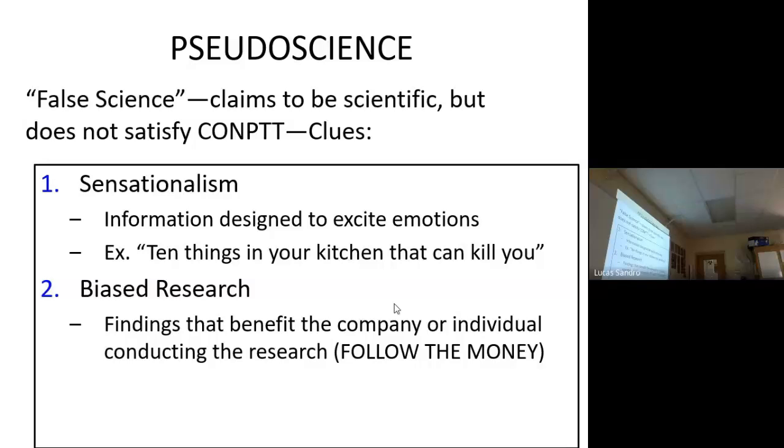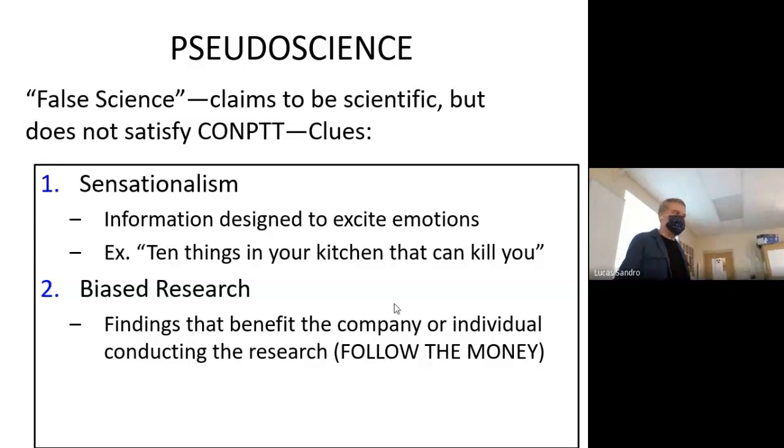Usually what this boils down to is follow the money. Science costs money. And if you look and find where the money came from, it can tell you a lot about what's going on. I'll give you an example.